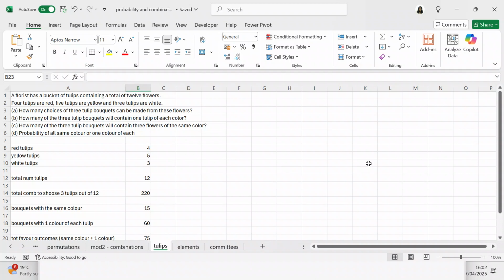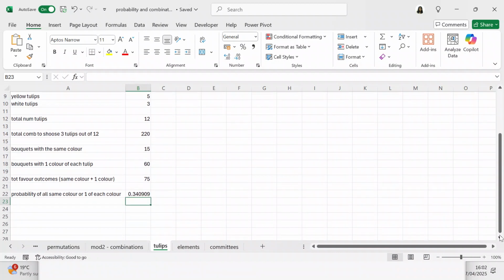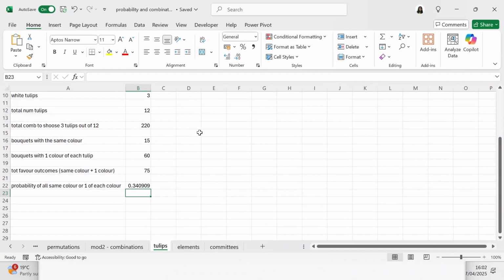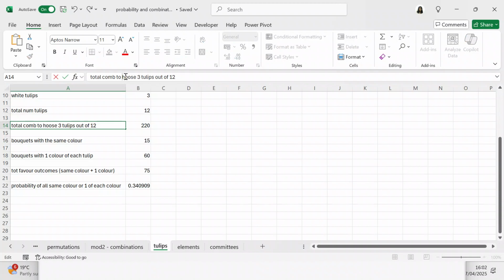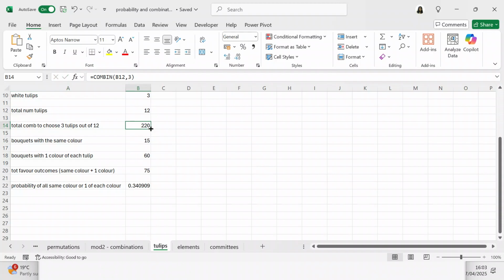So you've got 4 red tulips, 5 yellow tulips, and 3 white tulips. The total number of tulips is 12. To choose 3 tulips out of 12, the total combination is COMBIN(B12, 3), where B12 is the total tulips and 3 is your r, and that's 220.